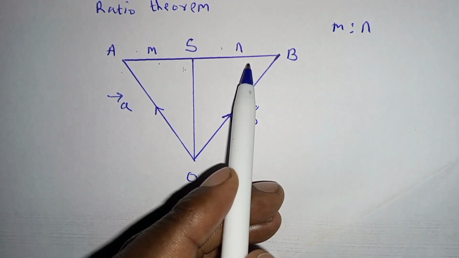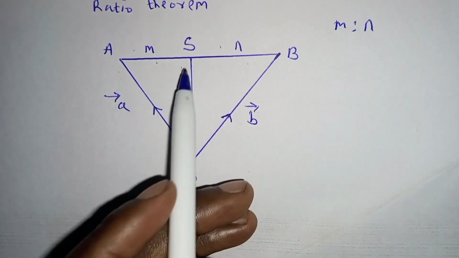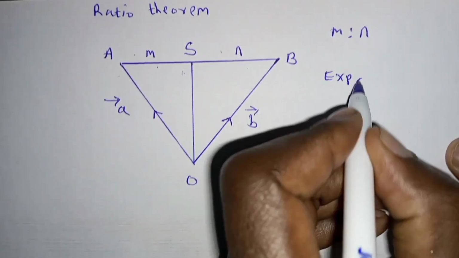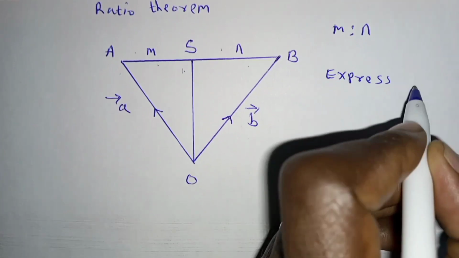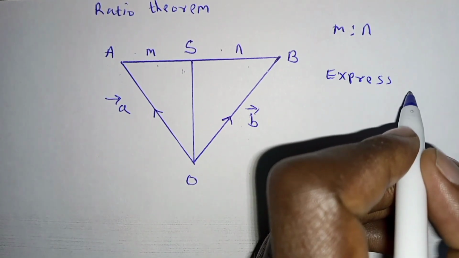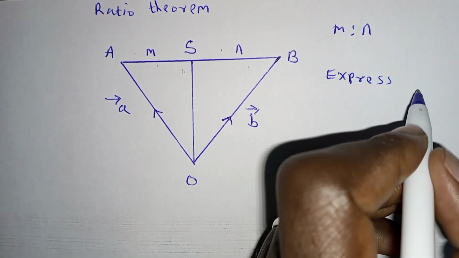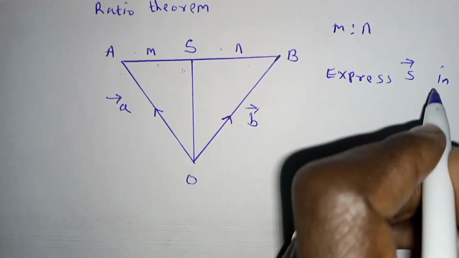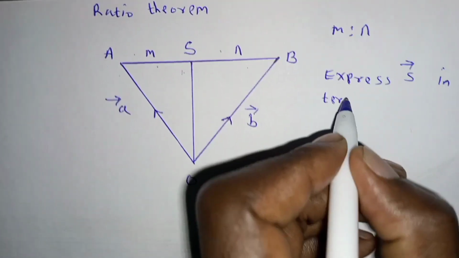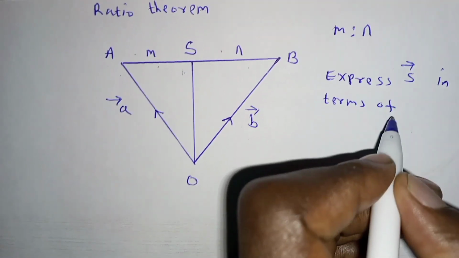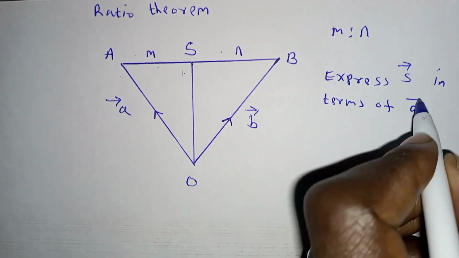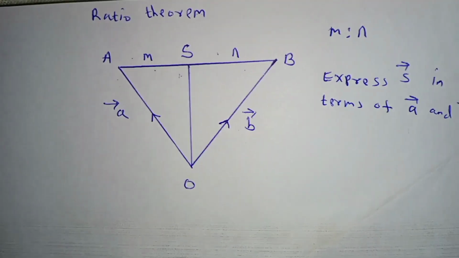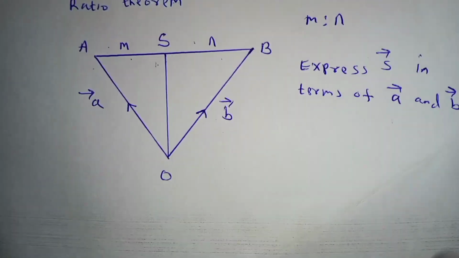Now you are going to express vector S in terms of vector A and B. That is what we want to do here.